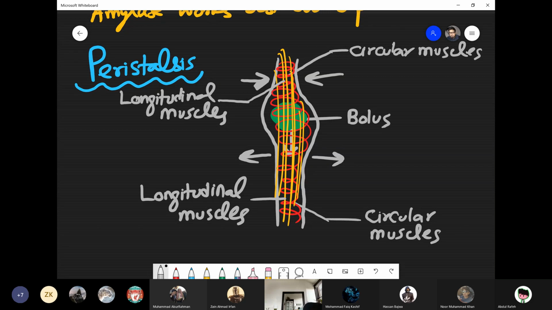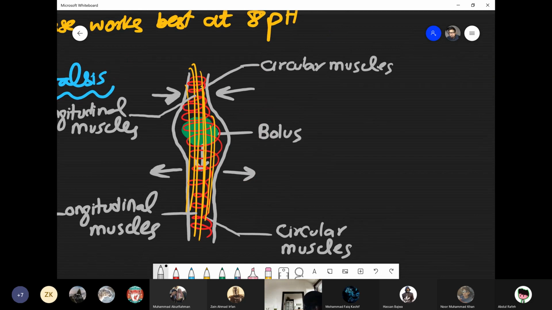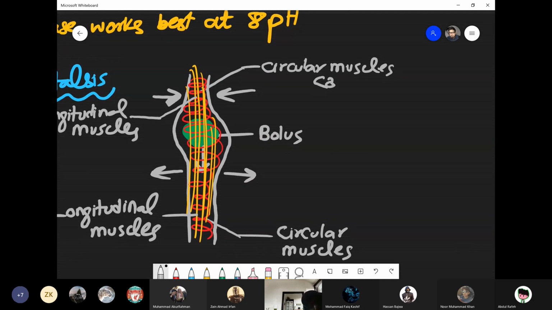Then the bolus can go downward. Now boys, for this purpose, what happens is that the circular muscles contract behind the bolus.